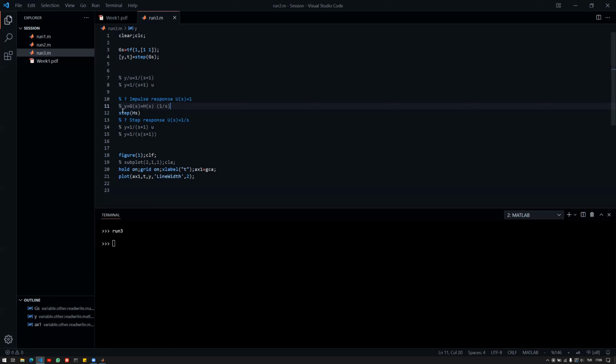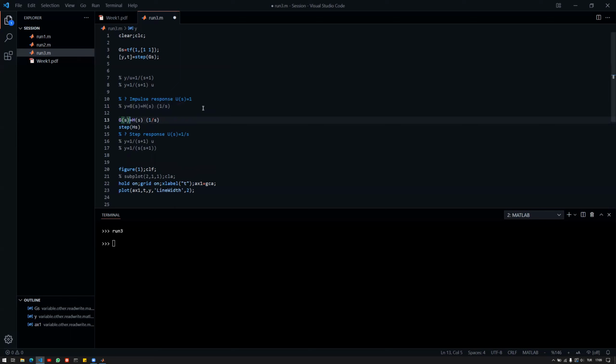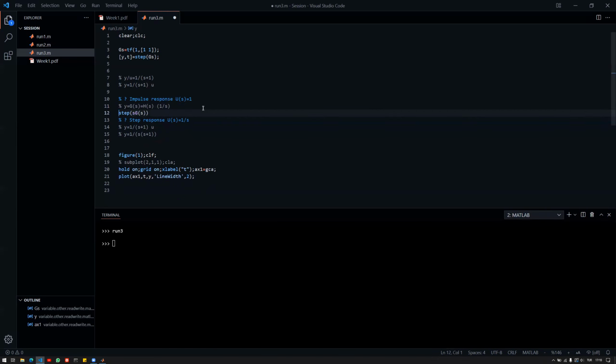Since these should be equal, H(s) divided by s should be equal to G(s). This gives me s times G(s). So instead of using step G(s), I can use s times G(s), and that will correspond to the impulse response.